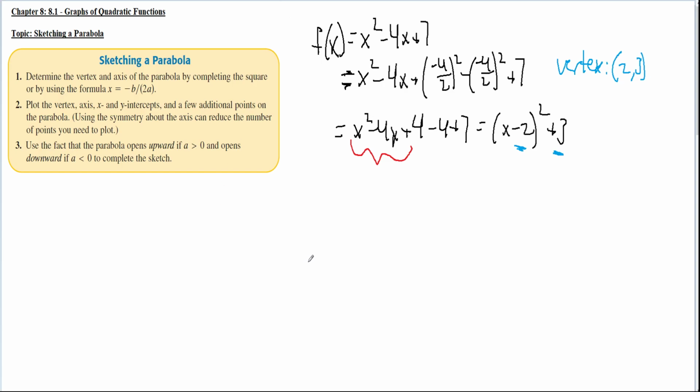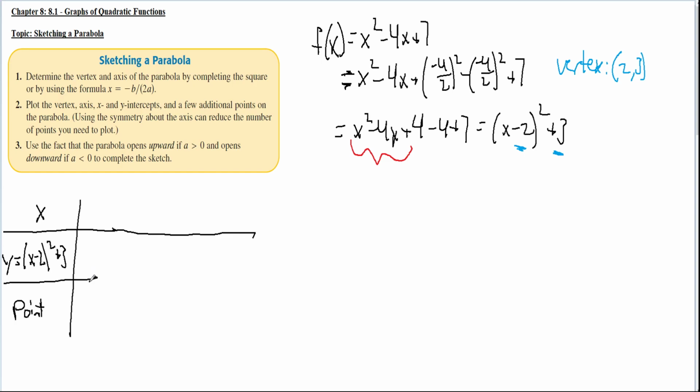Okay, and in order to obtain additional points, I'm going to create a table. I'm going to have x right here, my function written in standard form, so y equals x minus 2 squared plus 3, and then the point itself.